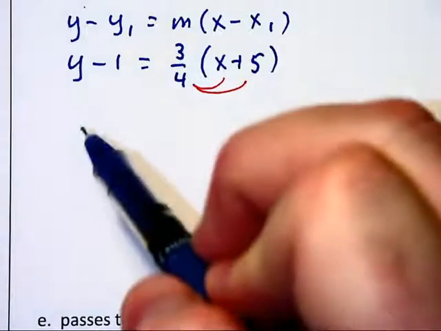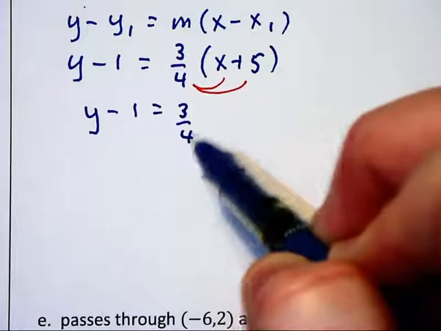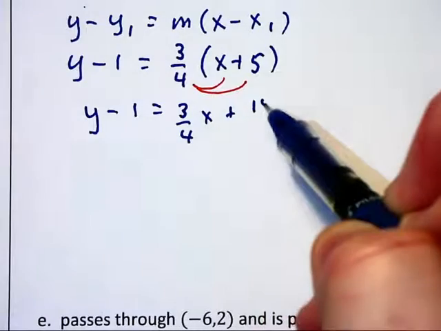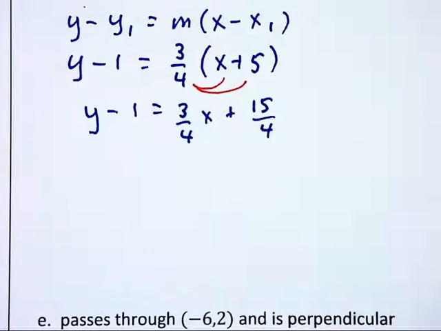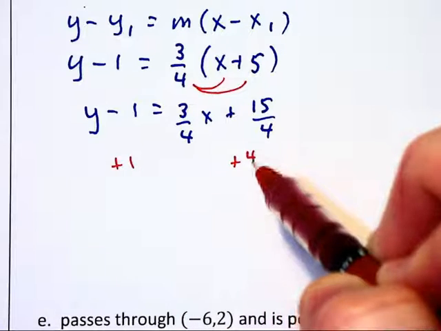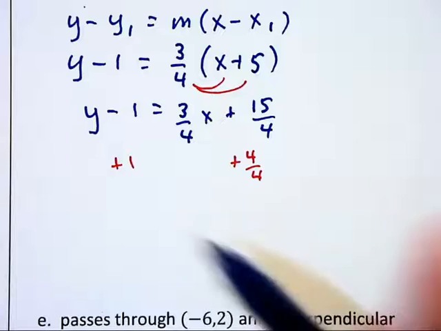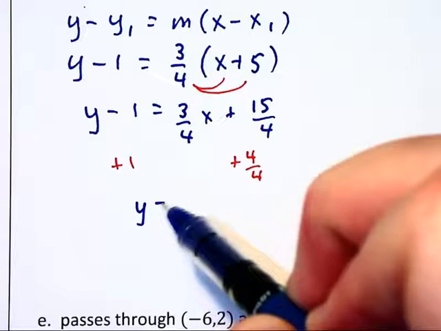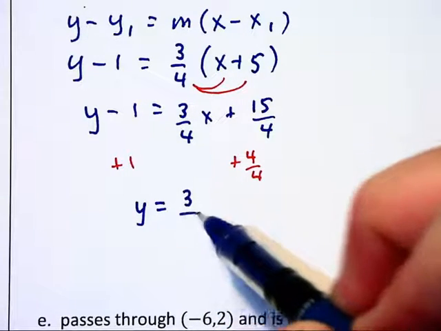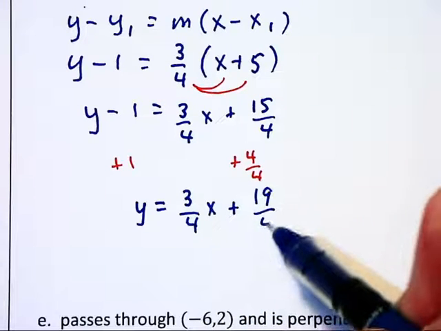So we will distribute the 3/4 and have y minus 1 is equal to 3/4 x plus 15/4. And then we will add 1 to each side, but on the right I'm going to add 1 in the form 4/4 so that we can have a common denominator. And our line we're seeking is y equals 3/4 x plus 19/4.